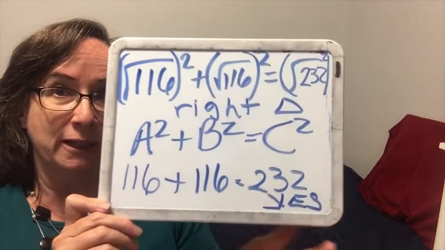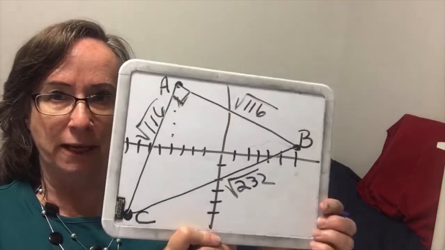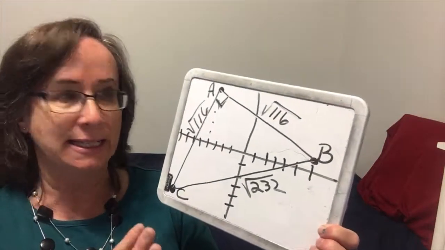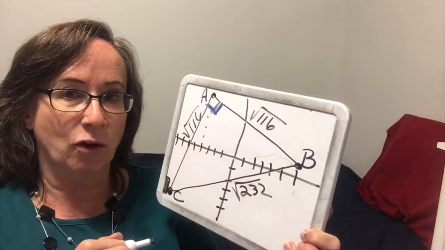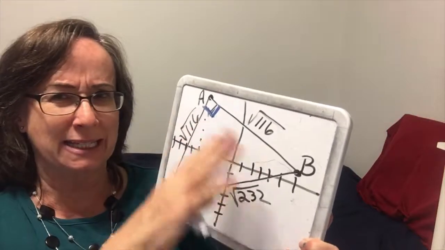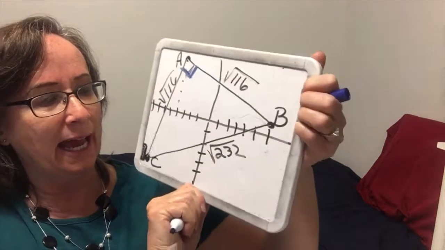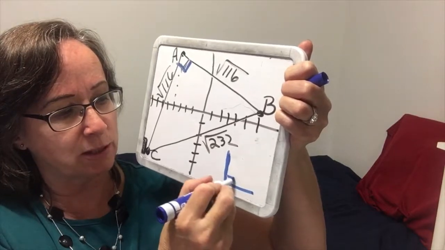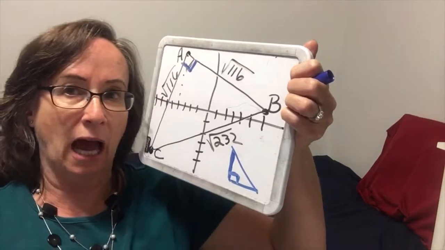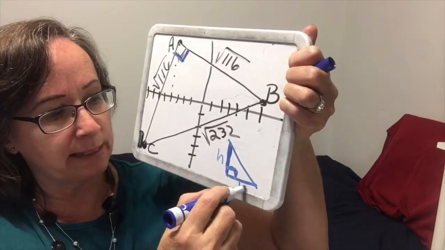Okay, so now that we've decided that yes, it is a right triangle, we're now going to say, how do I find the area of that right triangle? So I'm going to go back to this picture. Since it's a right triangle, it's oriented in a way that doesn't make this easy. But if I had it oriented this way, couldn't I use this side as my height and this side as my base?